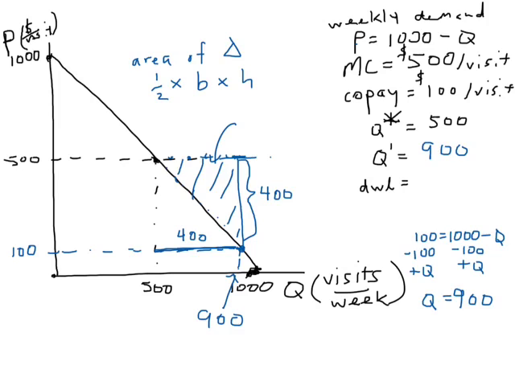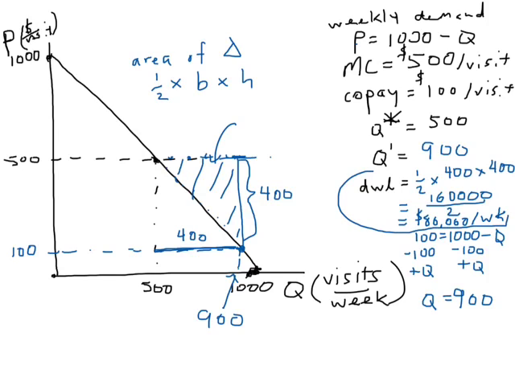So 1/2 times 400 times 400 equals 160,000 divided by 2 equals $80,000 per week in social costs.